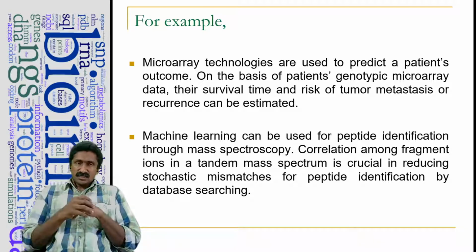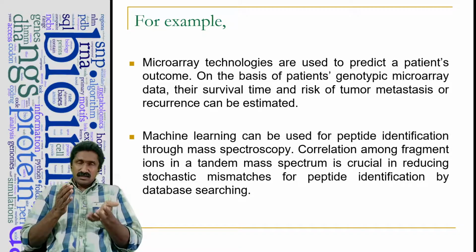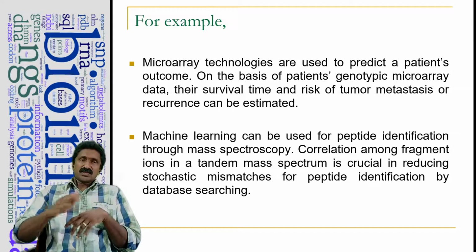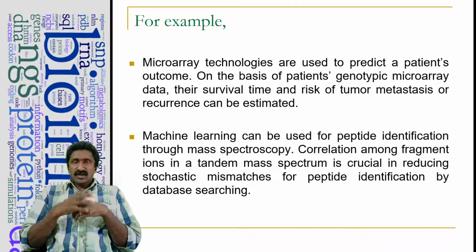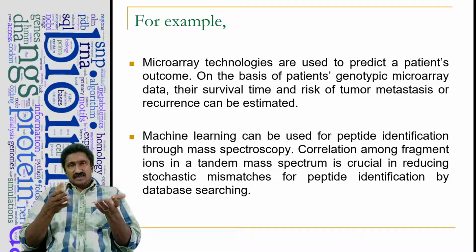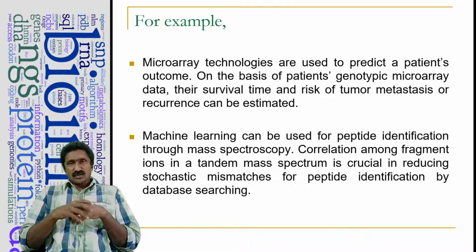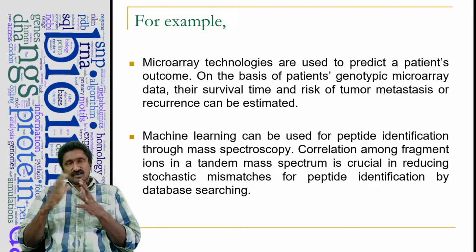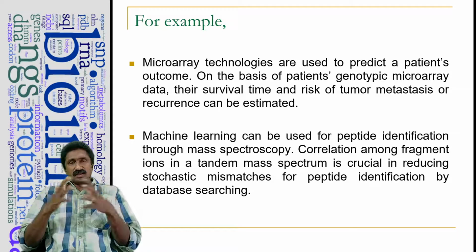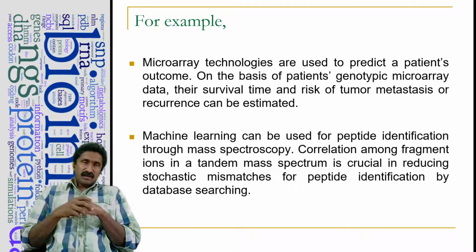All the mRNAs expressed in a sample from a patient can be simultaneously screened for gene expression analysis, and that needs to be properly processed. So on the basis of the patient's genotypic microarray data, the survival time and risk of tumor recurrence, etc., can be estimated. So that is one of the applications.